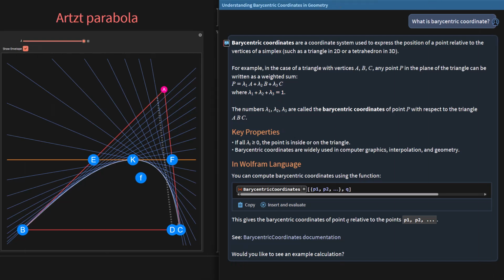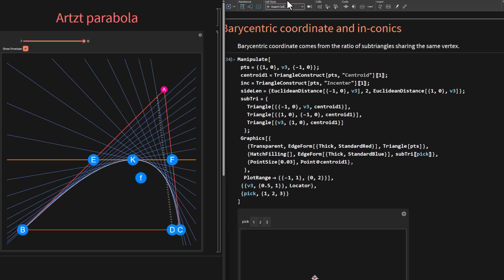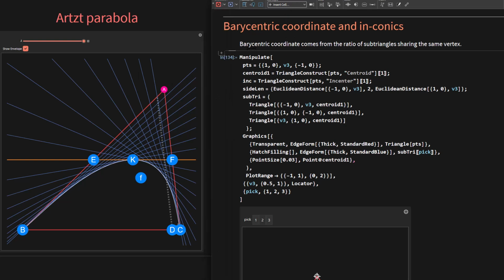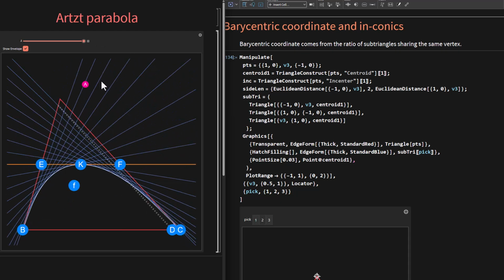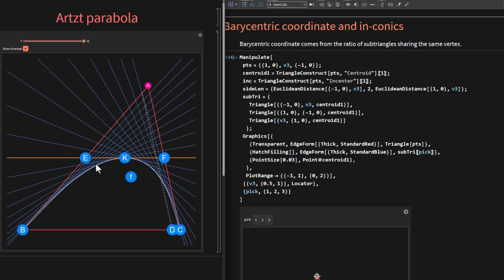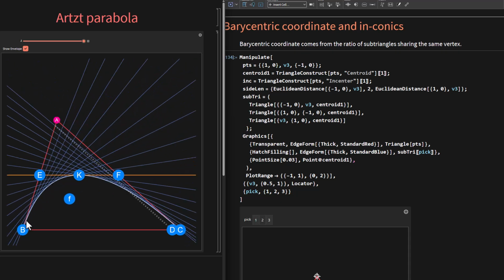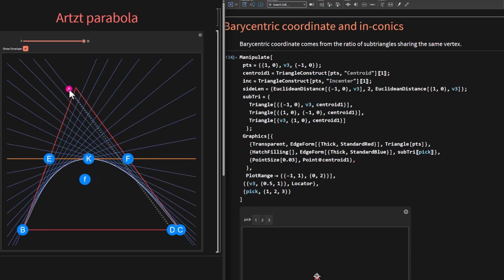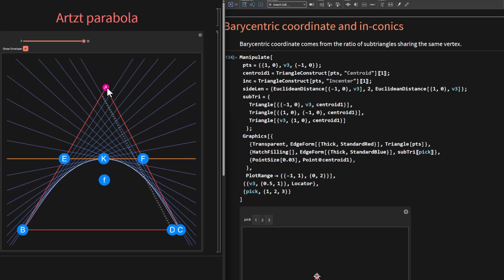But it is useful when we have something invariant. Say in this case, I can change lambda and change the point A, and every time I change the shape of the triangle, the parabola also changes. But there is one thing that probably does not change, though you won't see that in this plane.